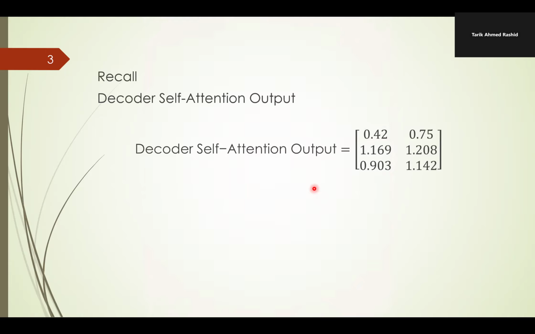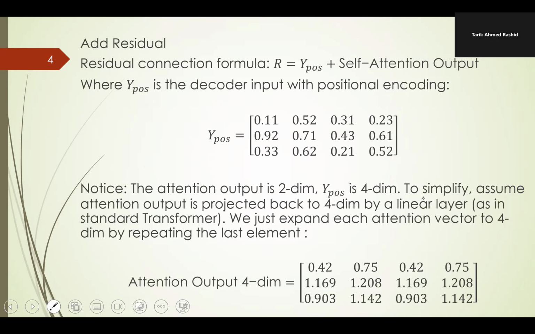If we recall what we had in part two, we got this decoder self-attention. And if we recall part one, we have Y positional encoding.